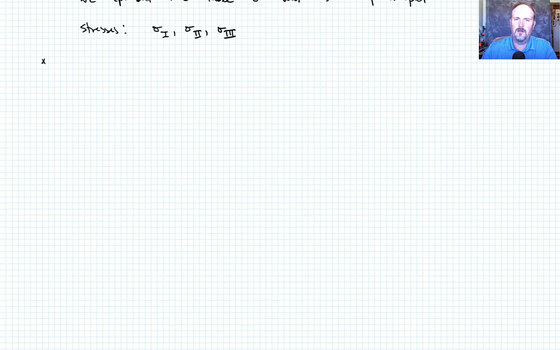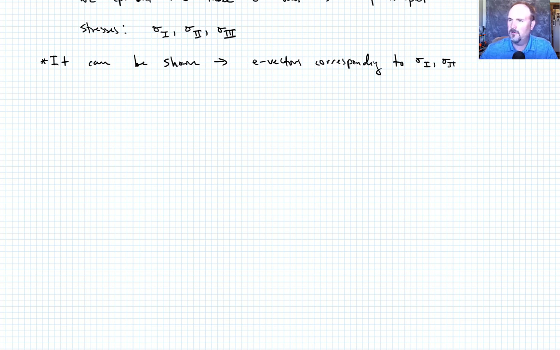We're not going to show it here, but it can be shown that the eigenvectors corresponding to sigma 1, sigma 2, and sigma 3 are orthonormal. That means they're orthogonal to each other and form basically a coordinate system.